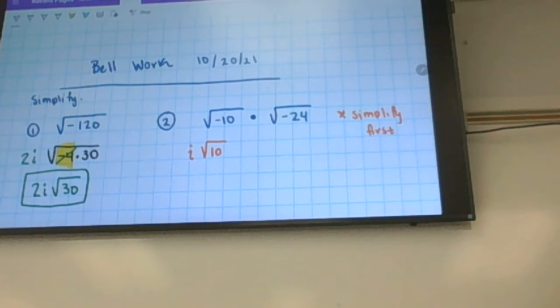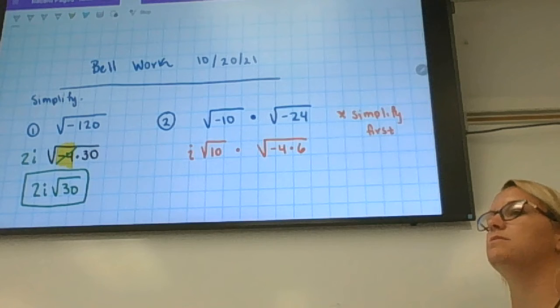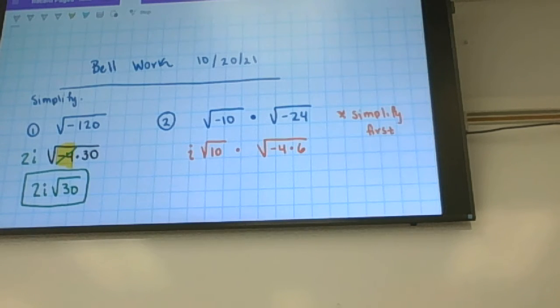The radicand is real. And 24 divides by 4, so I'll consider 24 to be the same as 4 times 6. Square root the 4 and make it 2i.